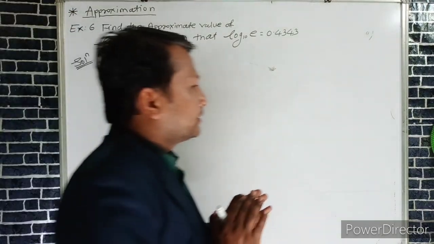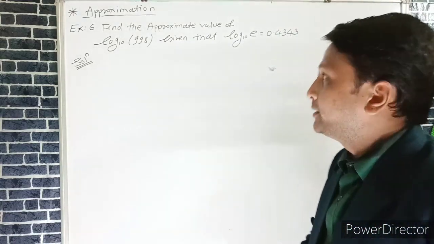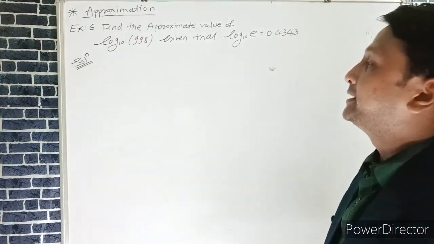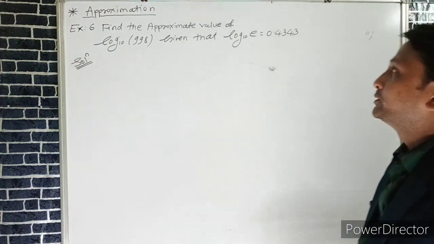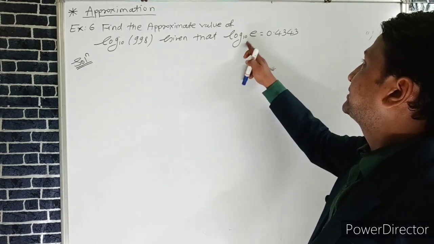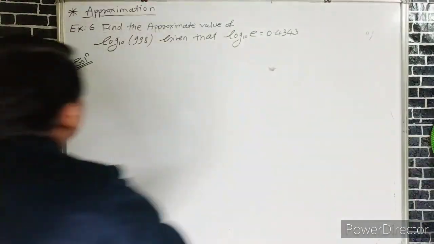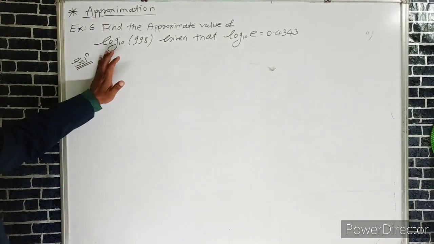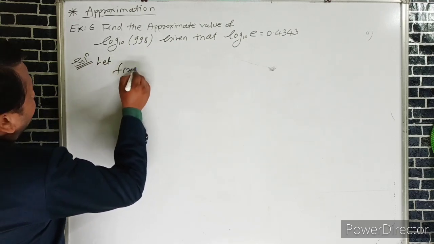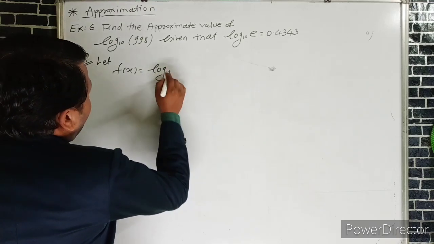So here again, example number 6, and we have to find the approximate value, but the given function is in the form of a logarithmic function, which is log base 10 of 998. The given value of log base 10 of e is 0.4343. To find the value of log base 10 of 998, first we consider f of x is equal to log base 10 of x.